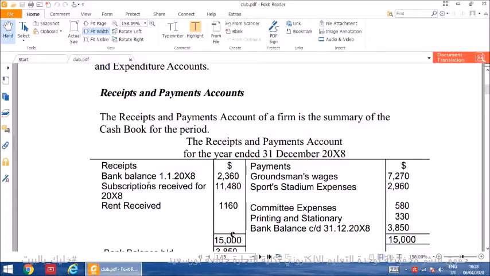Receipts: bank balance at the beginning of the period, 1st of January 2008, 2,360; subscriptions received for 2008, 11,480; rent received, 1,160.